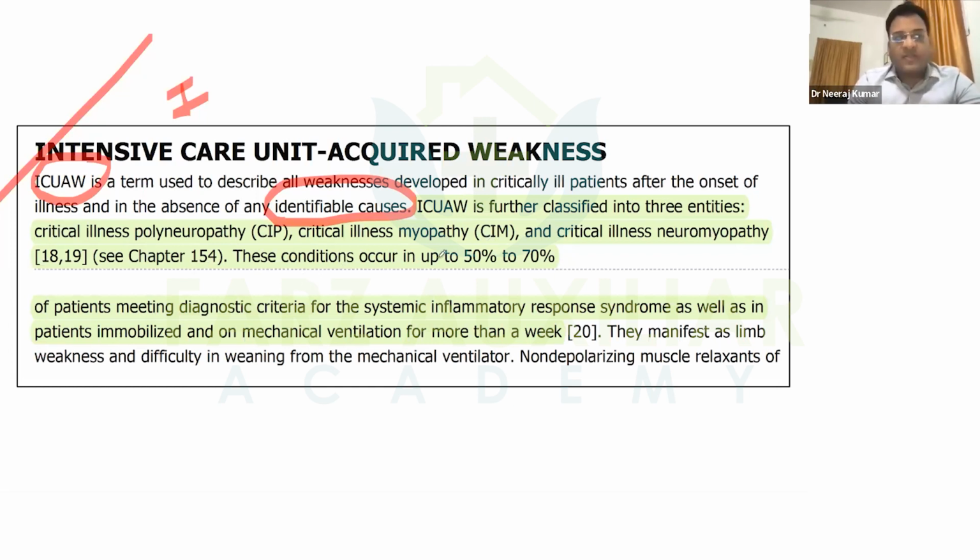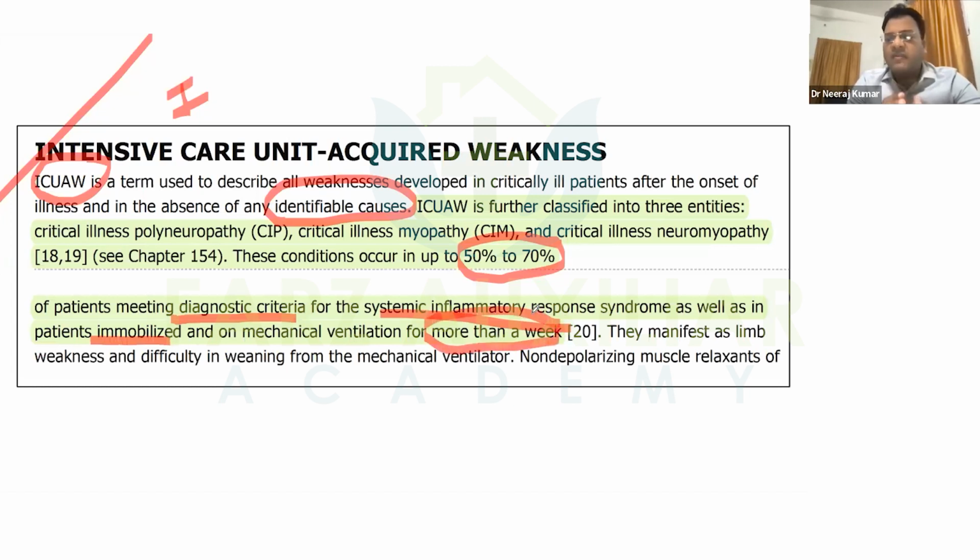And these conditions occur in 50 to 70% of the patients. If you combine these 3 conditions, it occurs in 50 to 70% of the patients. And why 50 to 70% of the patients meeting the diagnostic criteria for SIRS, as well as in patients who are not mobilized, immobilized and on mechanical ventilator for more than 1 week.